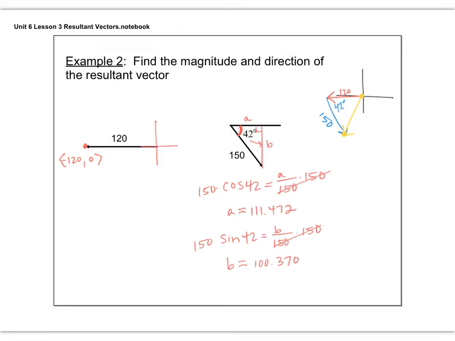But we need to think about where our coordinate is located. Imagine that this is the origin right here. Well, this point right here would be to the right and down. So our horizontal component is positive 111.472, but our vertical component is down, so it's negative 100.370. So be careful about that.